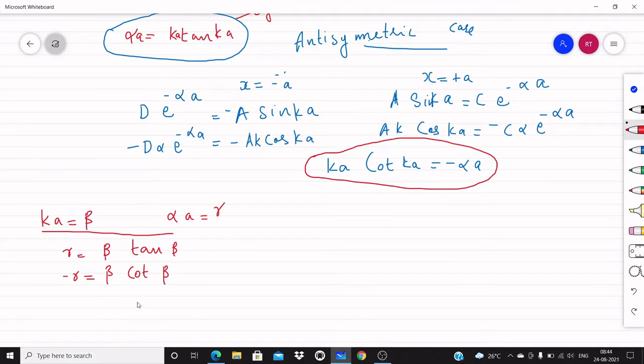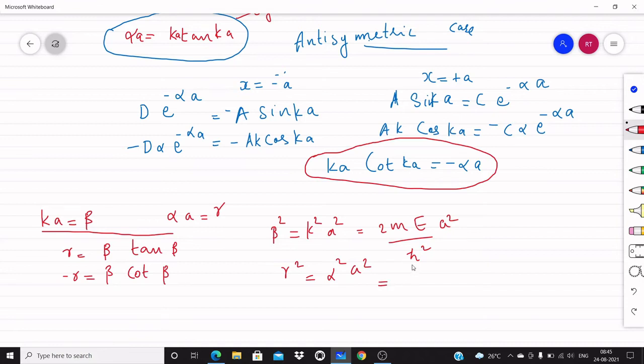Now squaring these two equations, you have beta square is equal to k square a square. K square is 2m E by h cut square into a square, and also gamma square is alpha square a square.